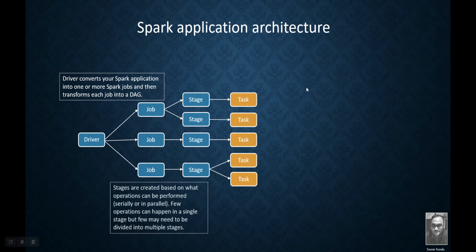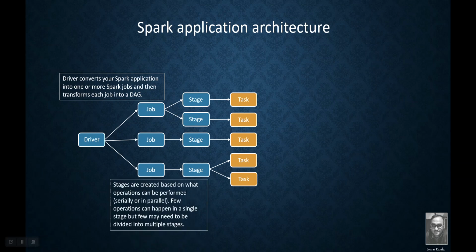Okay. Now from jobs, stages are created based on what operations can be performed, whether serial or parallel. Few operations can happen in a single stage, as you can see here, and few might need more than one stage. That totally depends on how the operations are performed.